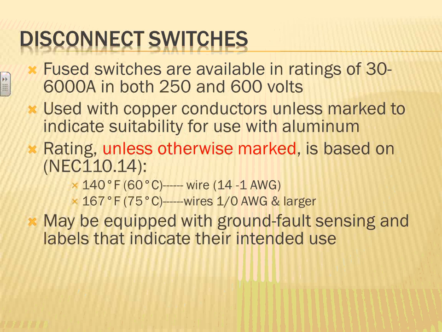What does that mean? When you go to 310.15(B)(16) and you size your cable, if your equipment is 100 amp or less, then you default to the 60-degree column. If your equipment is more than 100 amps, which goes with 1/0 and larger conductors, your equipment is defaulted to 75. That's the default unless you know otherwise.